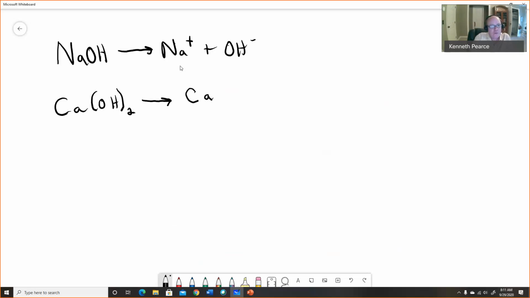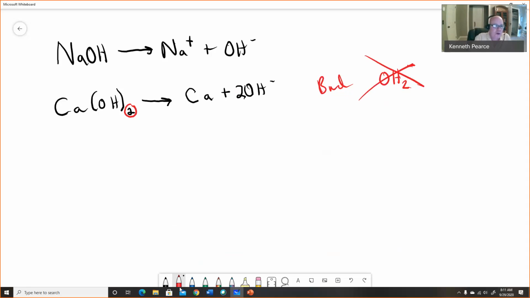And that's important because you don't want to be writing down that you have this situation. This is bad. I see this all the time where people will say OH2 minus. And that's not real. These guys come off one at a time, those hydroxides. So that's what's happening when we have acids and bases dissociate in water.